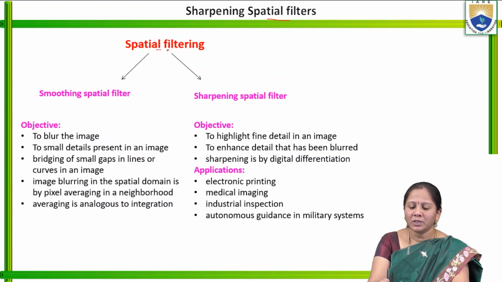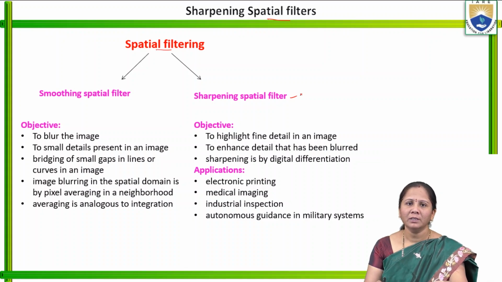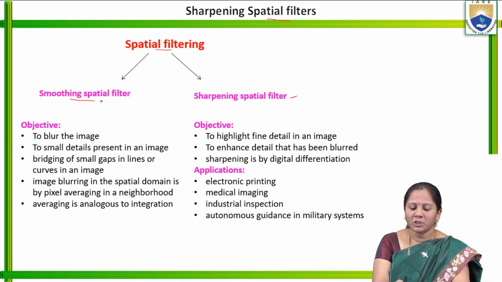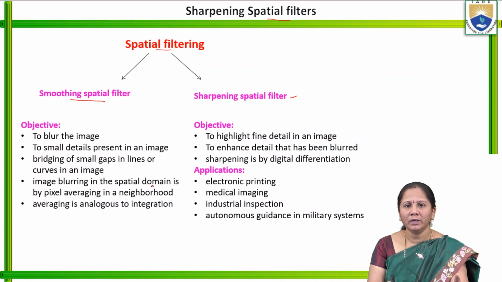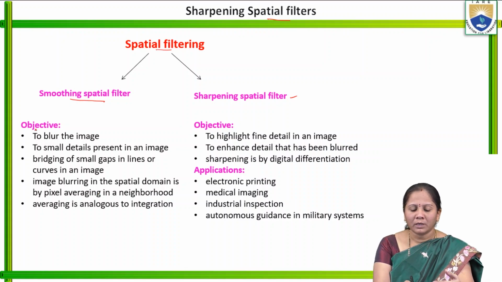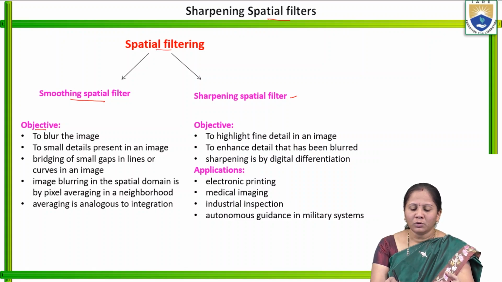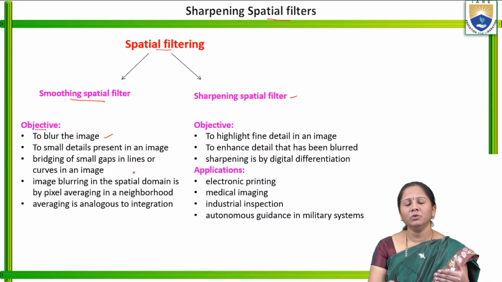Here spatial filtering is classified into two. One is the smoothing spatial filter and another is the sharpening spatial filter. The smoothing spatial filter under linear and non-linear cases we have discussed in the previous sessions. Recalling those concepts, smoothing filters are used to blur the image and to reduce the noise present in the image.